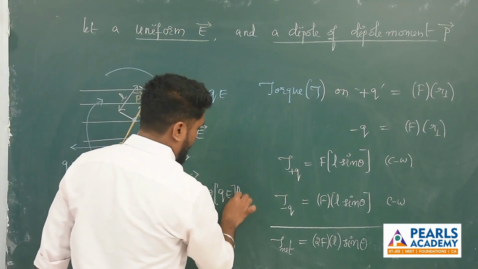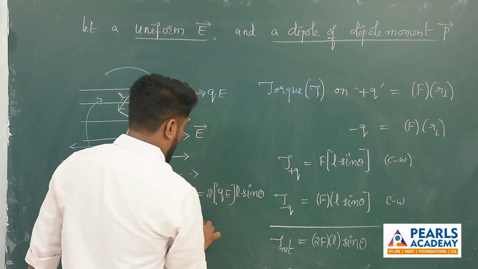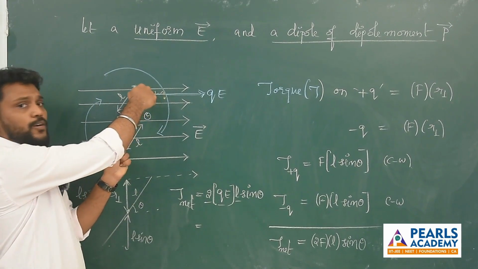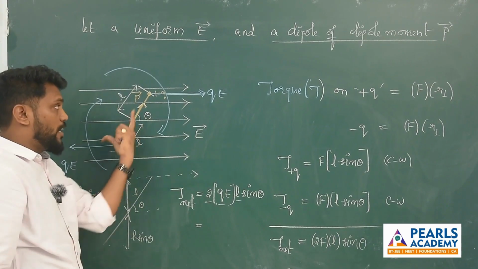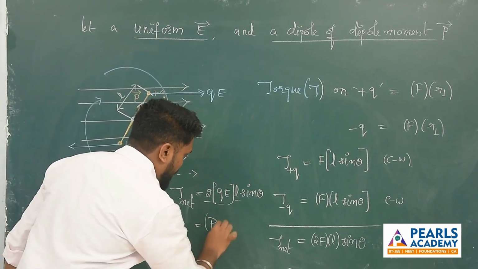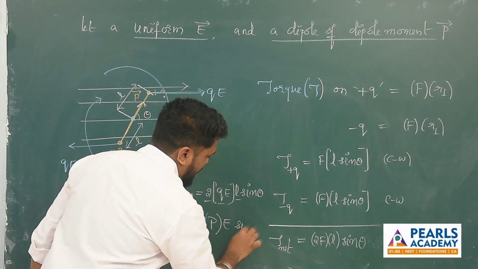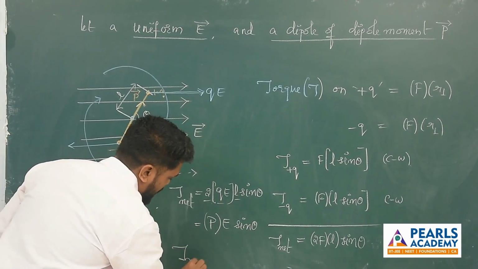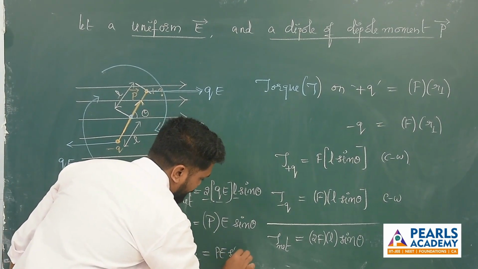So it will be QEL sin theta into 2, and we can write 2QL, I mean the product of the charge and the distance between the two charges, like Q into distance which is 2L, is known as dipole moment P into E into sin theta. So the final expression of net torque is PE sin theta.